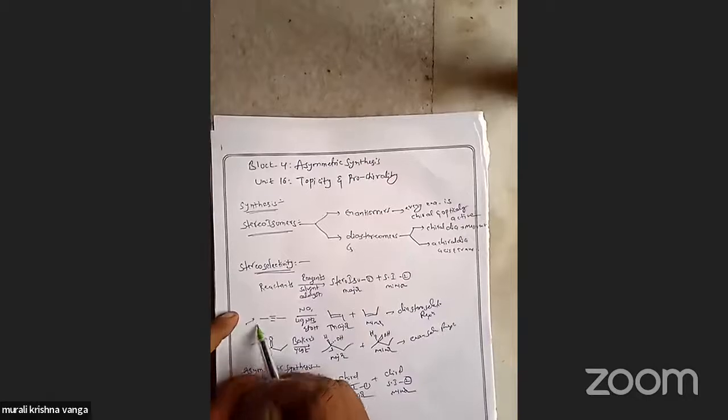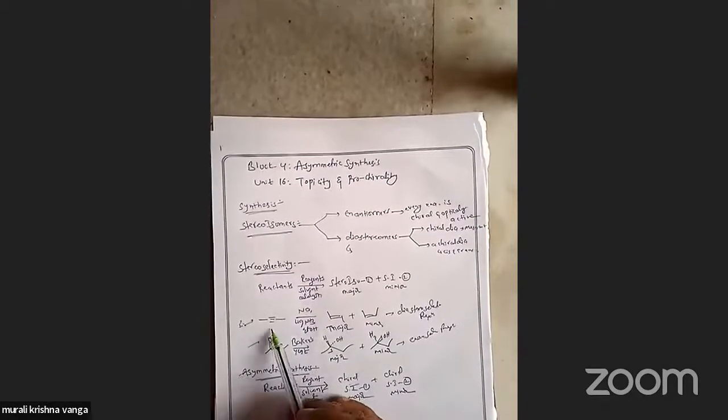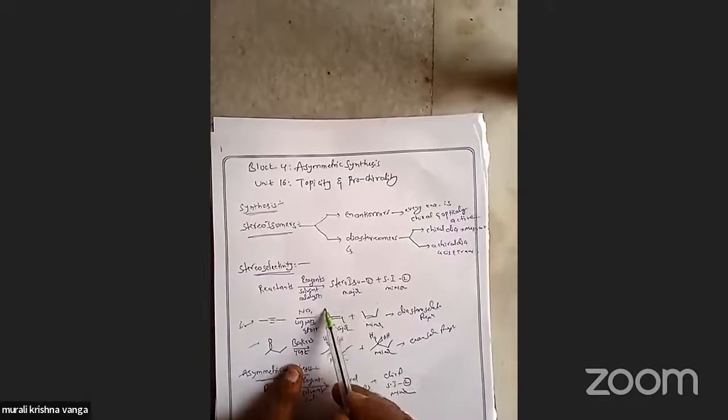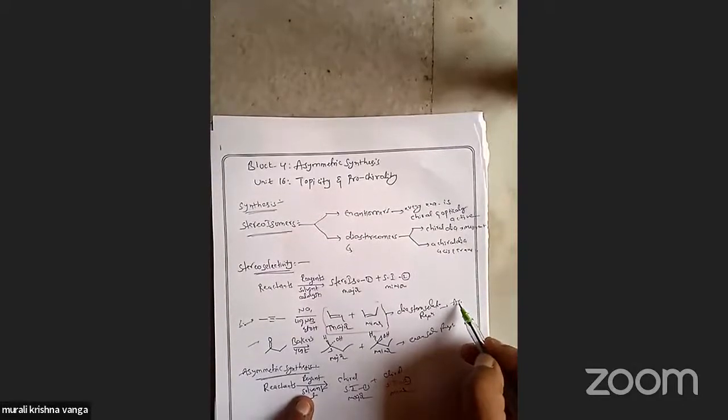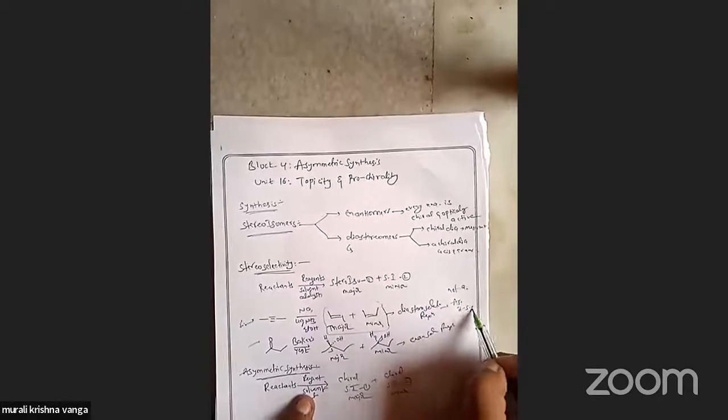When comparing these two examples, in the first reaction the products are not chiral, therefore it is not an asymmetric synthesis. It is only a stereoselective synthesis.